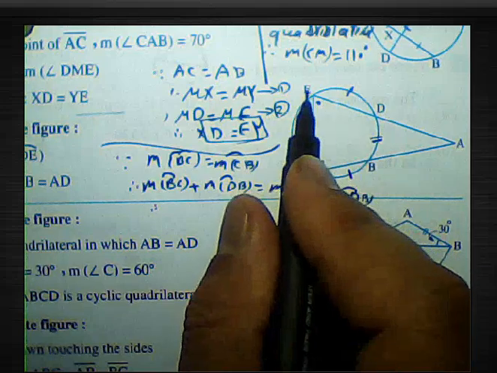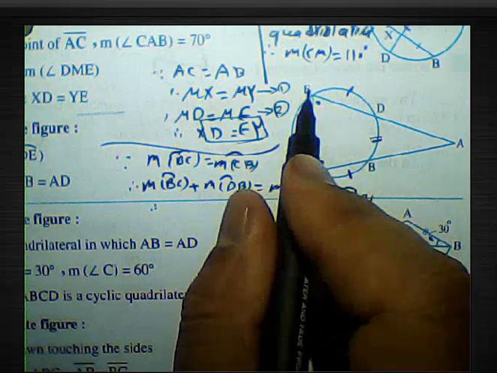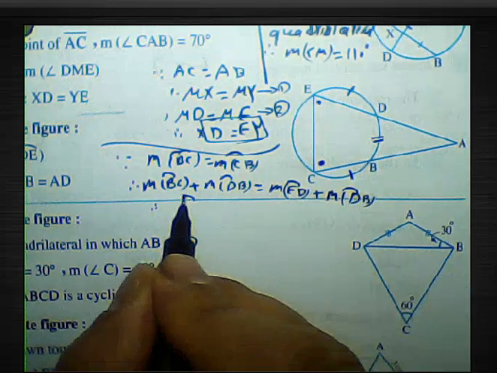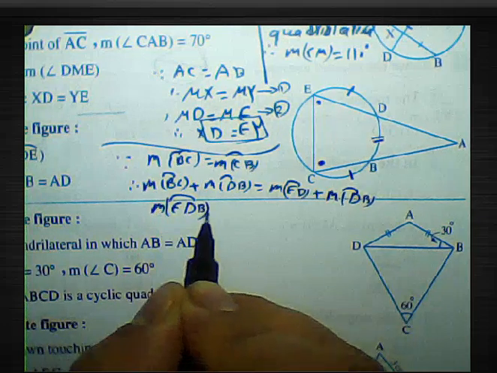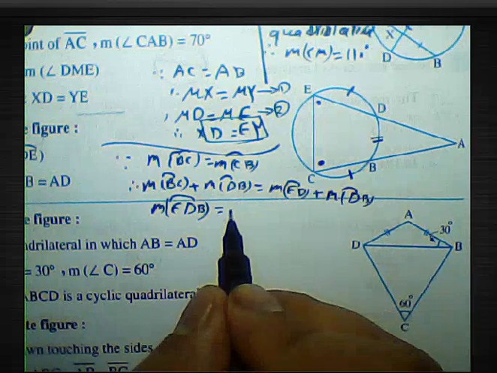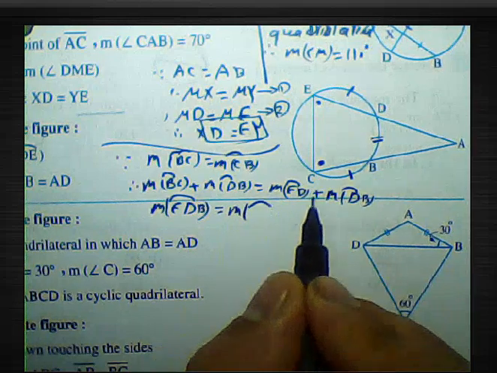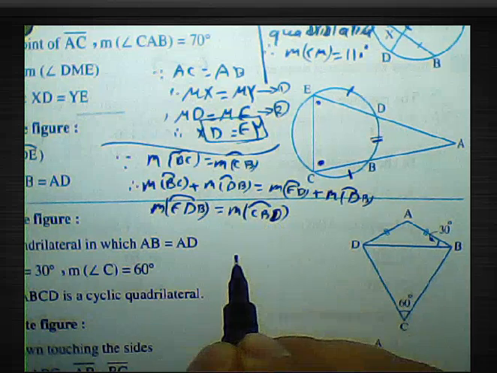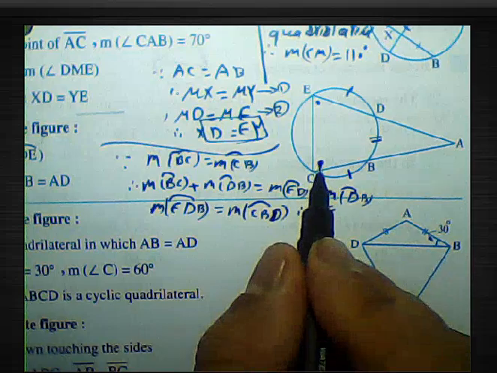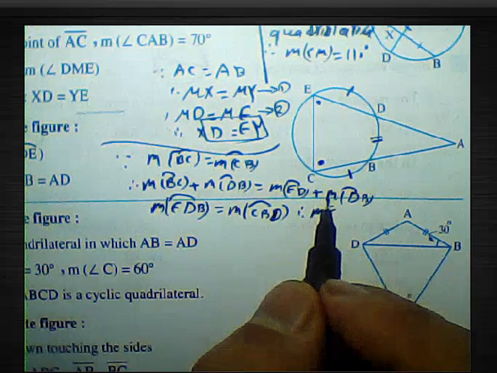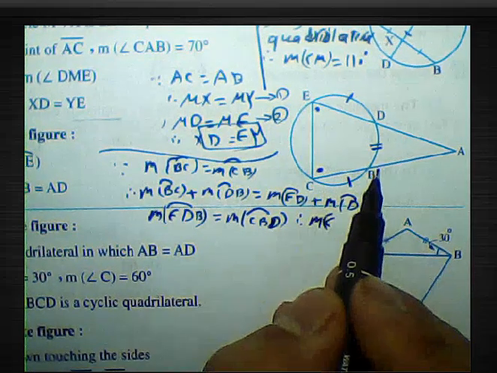Then we can prove that measure of arc EDB equal measure of arc CBD. Then measure of angle C, because angle C is inscribed at the arc BDE.